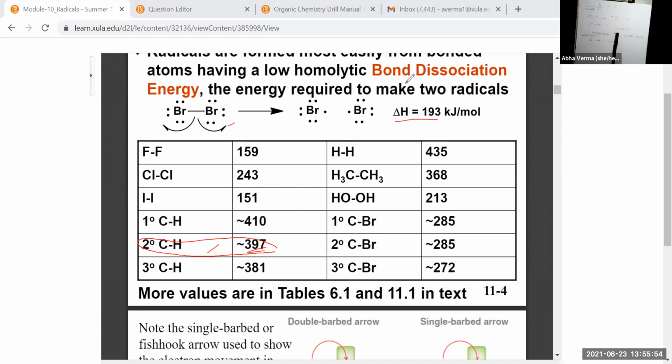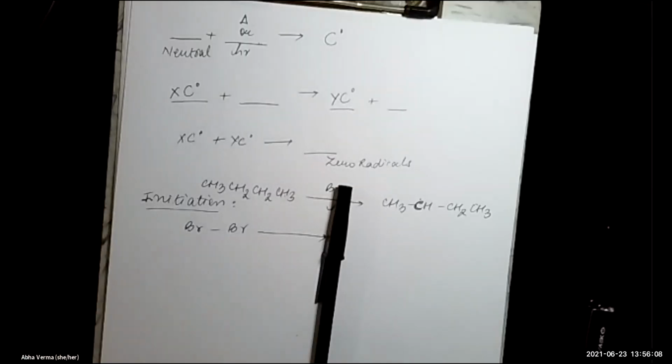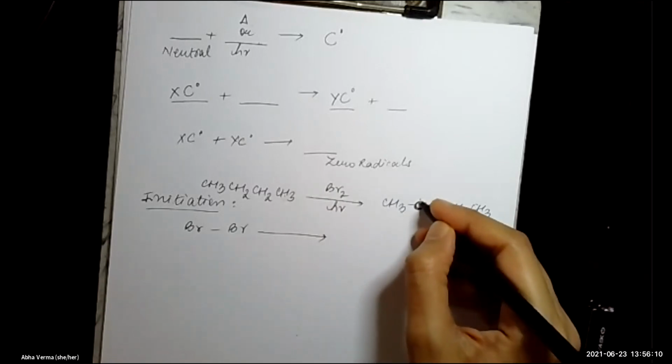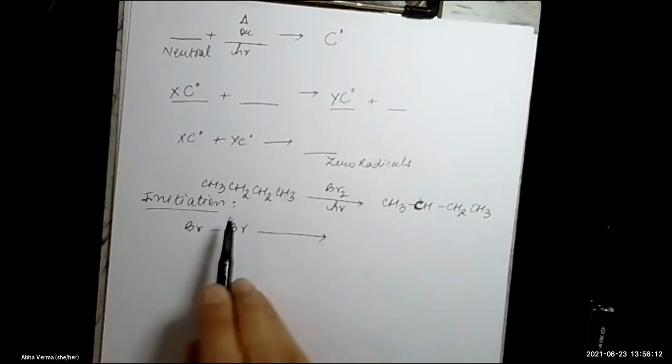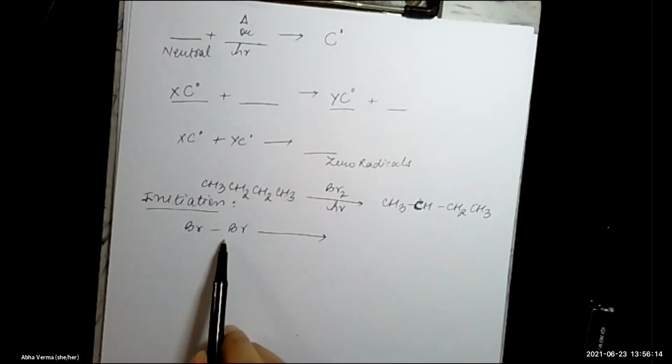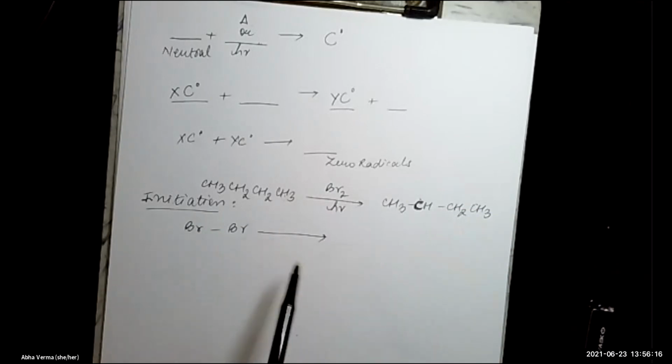So out of these two, who will form the radical first? The bromine will form the radical first. So even though I have shown you the site where the bromine is going to come, it is the bromine which will make the radical first.